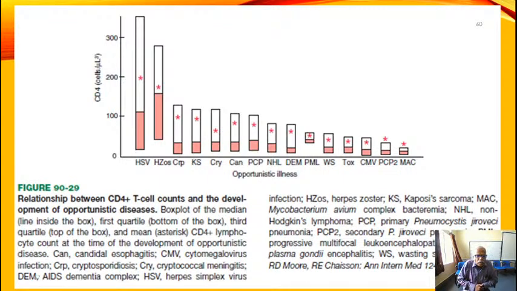This slide depicts it well. First, with a little fall in the CD4 count, herpes zoster virus appears, herpes simplex virus, then superficial fungal infections. When it falls to 200, PCP will appear, then when it falls below 100, cryptococcosis, then when it falls below 50, you can get cytomegalovirus or CMV retinitis, or MAC infections. MAC infections are what? Atypical mycobacterial infections, Mycobacterium avium complex.